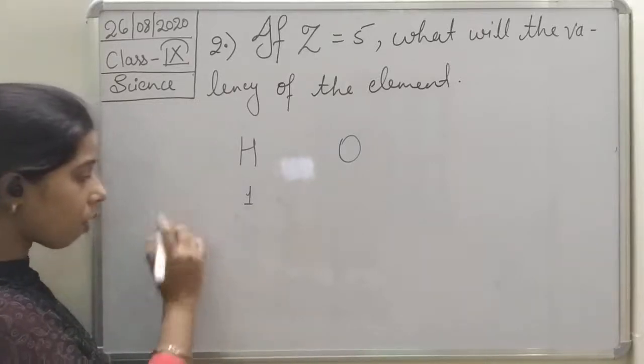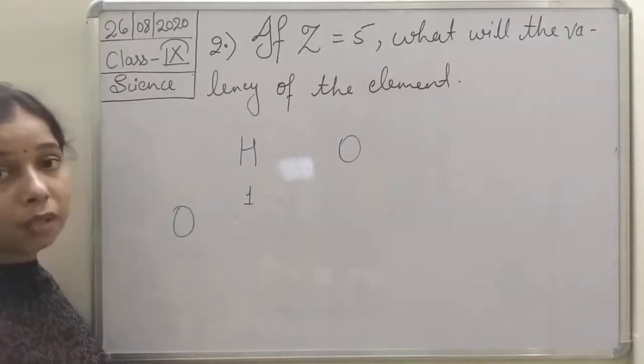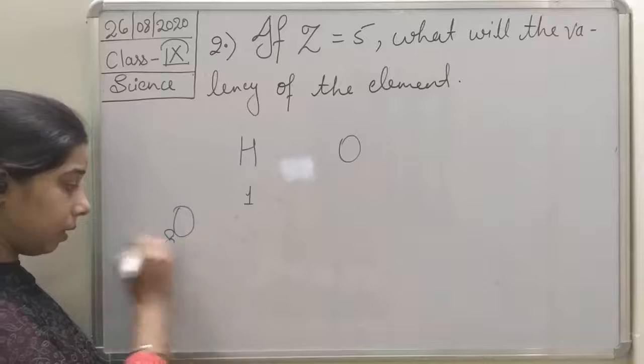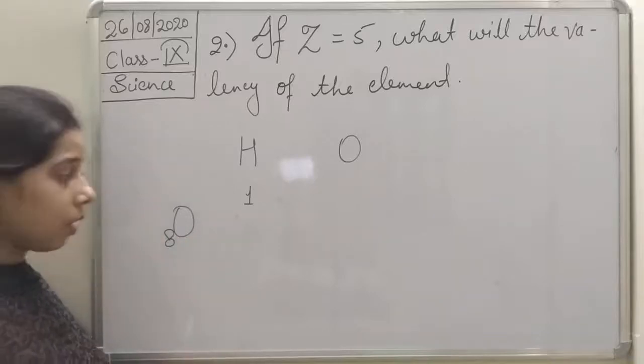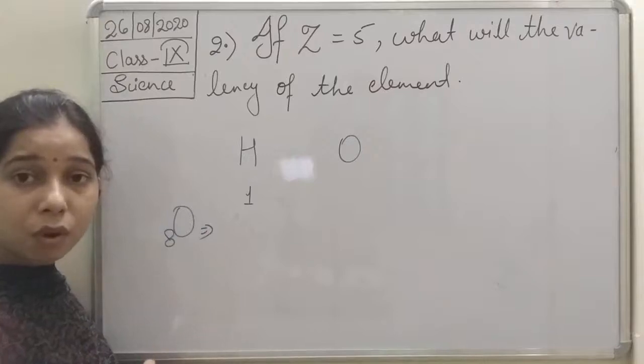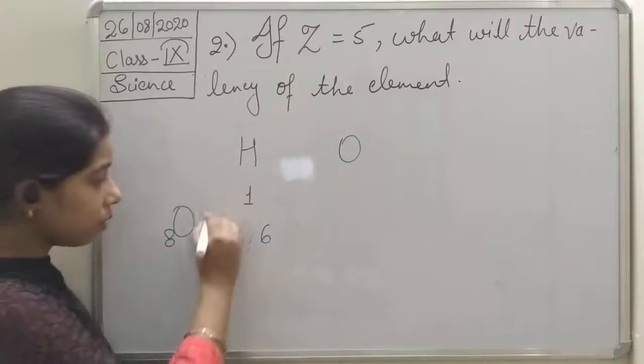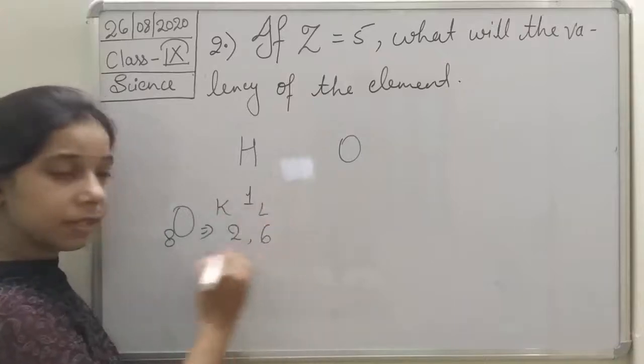In case of oxygen, what is the atomic number of oxygen? Atomic number of oxygen is 8. So what will be the electronic configuration of oxygen? It will be 2, 6, that is K and L, 2 and 6.